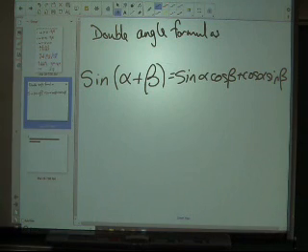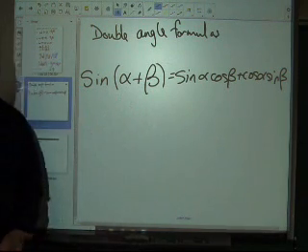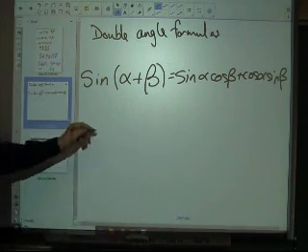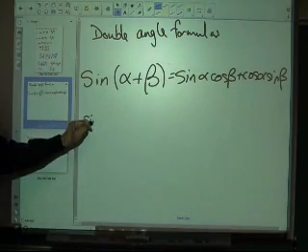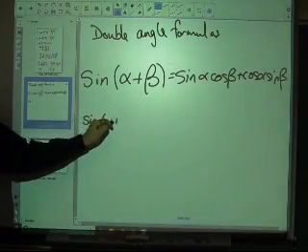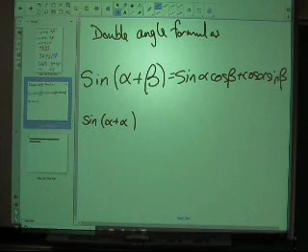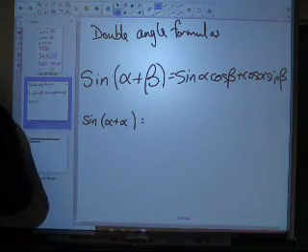So mathematicians will look at things like this and say, that's kind of nice, it's an interesting formula, but what happens if I decide I'm going to take the sine of alpha plus alpha? What does that then look like?